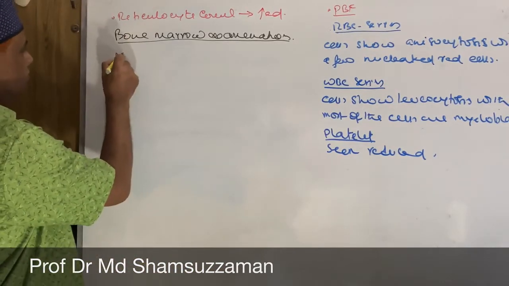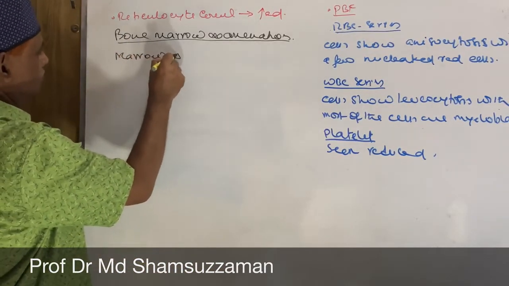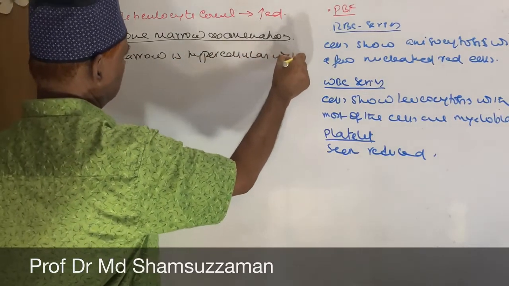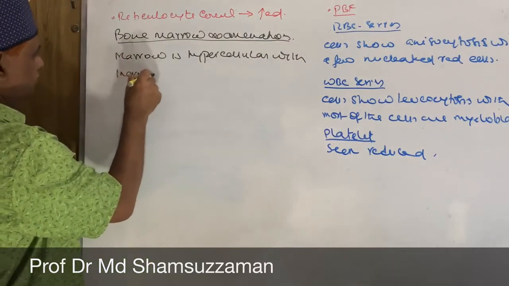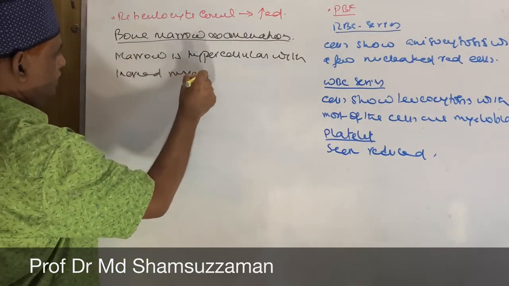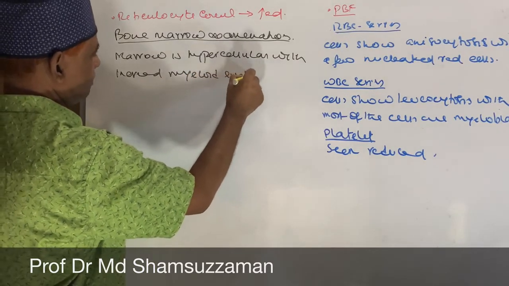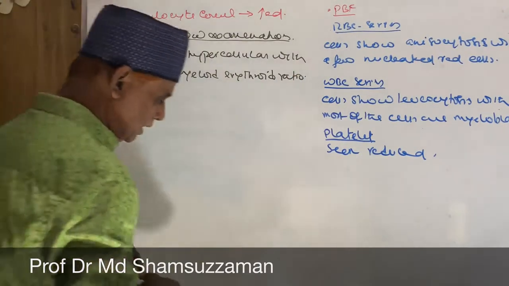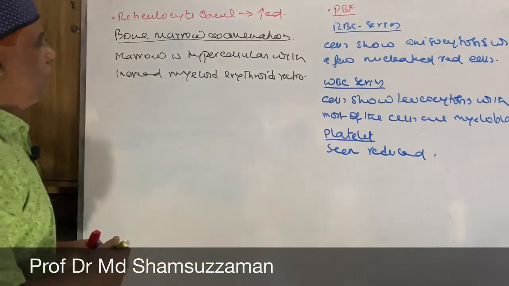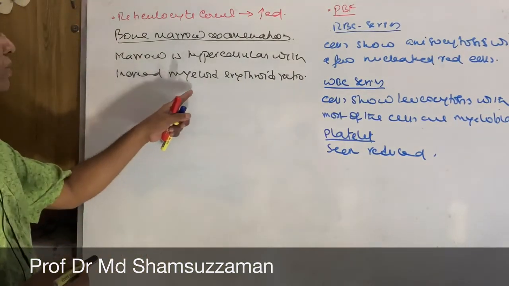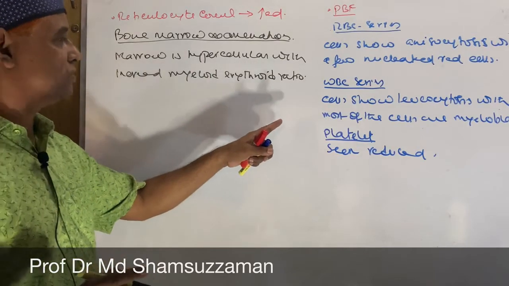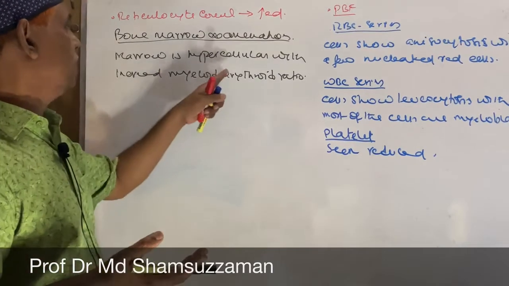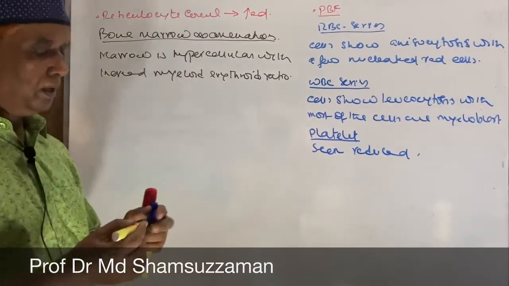So the marrow is hypercellular with increased myeloid erythroid ratio. Why increased ratio? Because it is not a disease of the RBC series, rather it is a disease of the granulocyte series. So granulopoiesis is hyperactive, so there will be increased myeloid erythroid ratio.